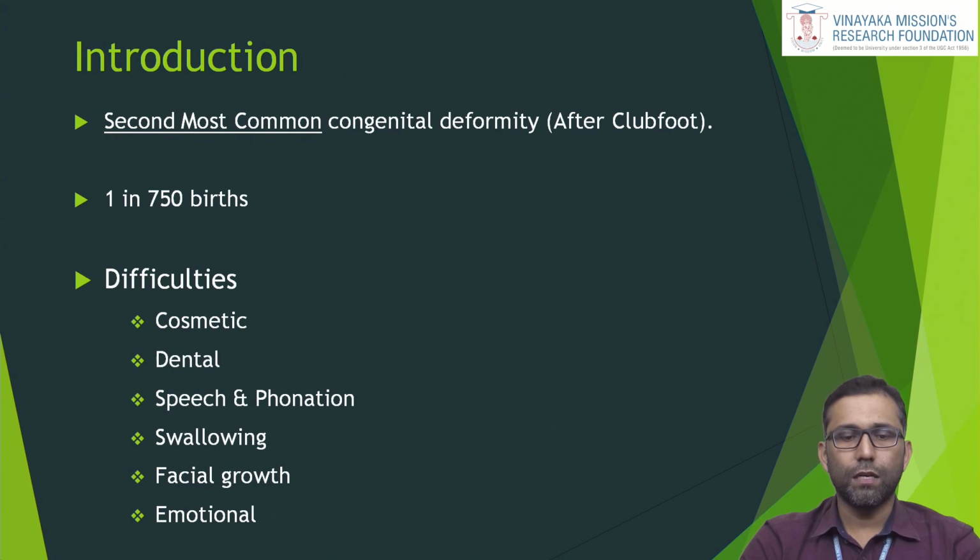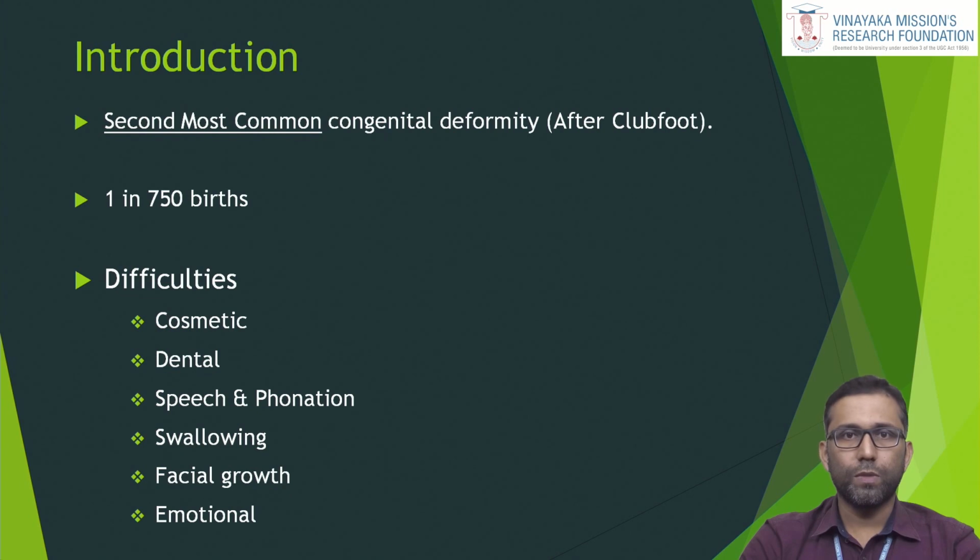Now, in general, there are a lot of difficulties that a cleft lip and palate child or patient will encounter, which include obviously the cosmetic difficulties and dental difficulties. For example, you will have malocclusion and missing teeth, which we will deal with in detail in the next slide. Speech and phonation: words like yes and t will be difficult to speak, and the parent will probably complain that such words are difficult for the child to say aloud.